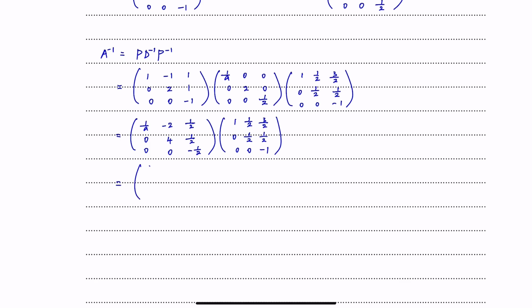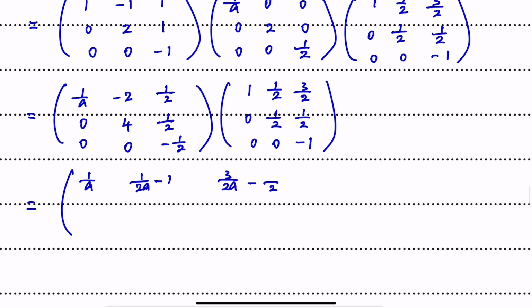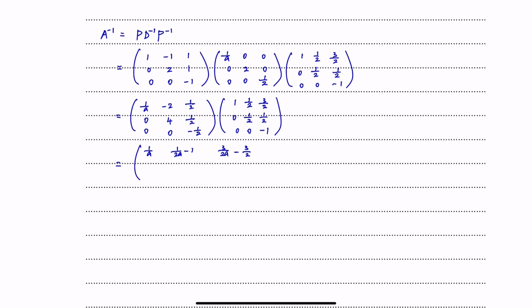So I will get 1 over a, 1 over 2a minus 1, 3 over 2a minus 3 over 2, 0, 2, 3 over 2, 0, 0, half.